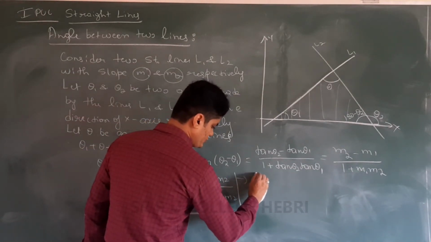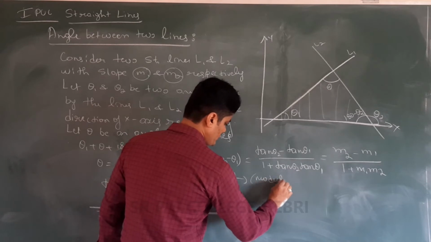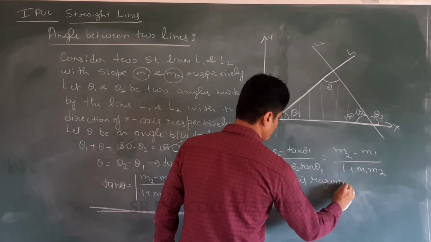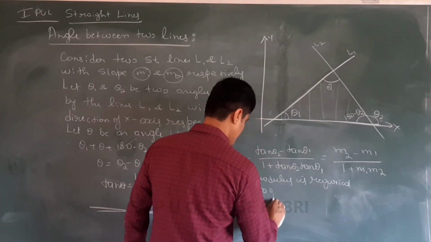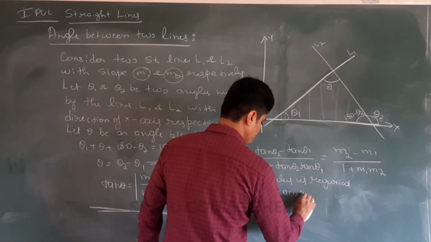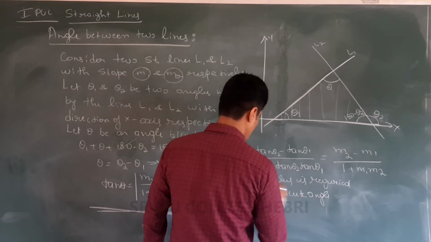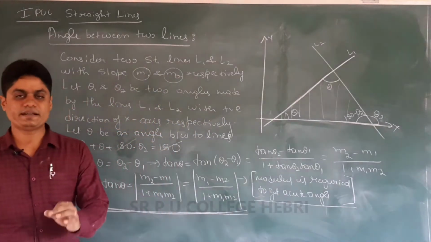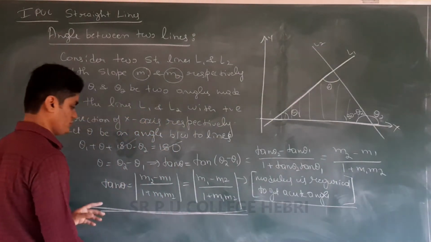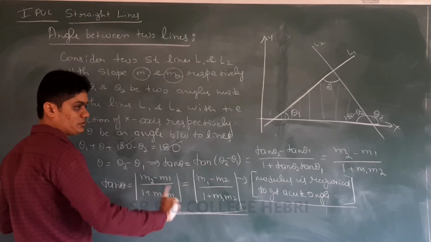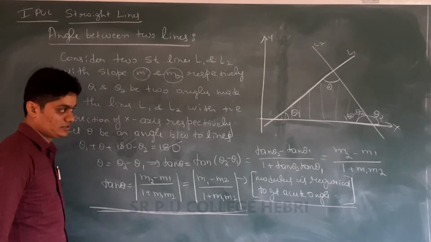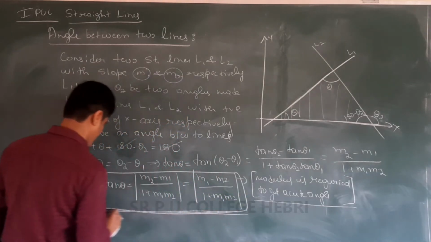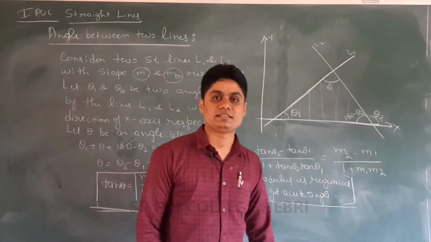The modulus is required to get the acute angle. Questions usually ask to find the acute angle, so the modulus sign is there. Because of the modulus sign, it does not matter if we swap m2 minus m1, because the minus sign does not come out. So please remember that tan theta is equal to modulus of m1 minus m2 divided by 1 plus m1 m2.